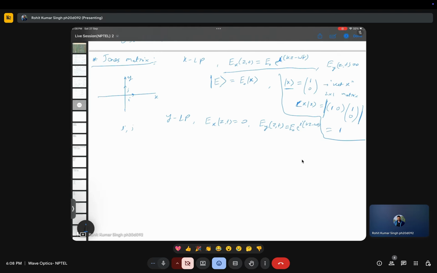And this can be represented like this, where this ket y is given by this matrix. So 0 1, this is ket of y. Okay, so this is like a unit vector in y direction.